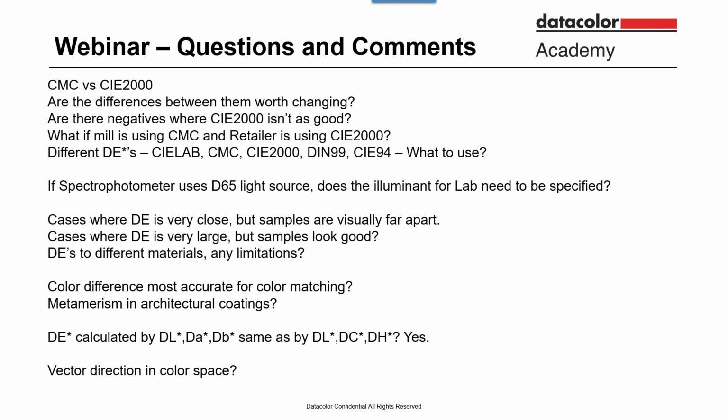Okay, there was a question on which color difference is most accurate for color matching. Now for color matching, whether you use CIE 2000 or CMC isn't really that important. And the reason is that the color matching algorithm basically tries to minimize the color difference, and it can just use regular DE.